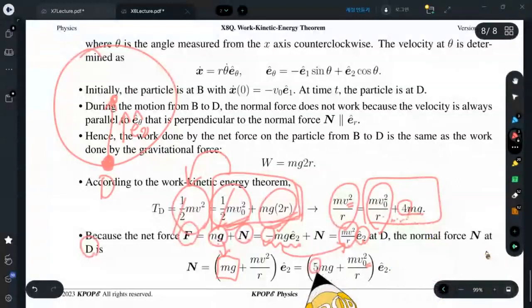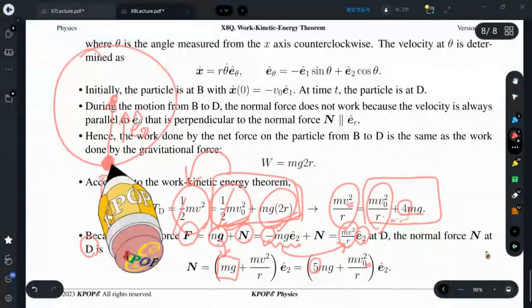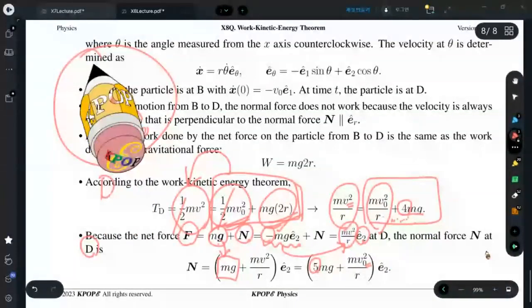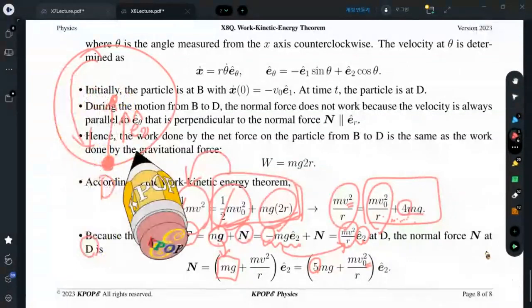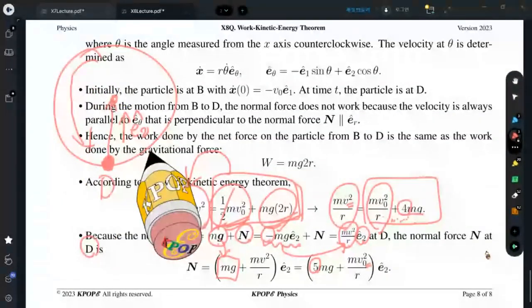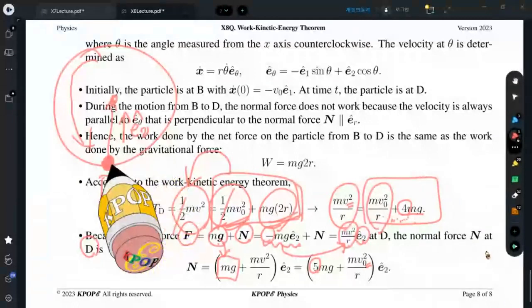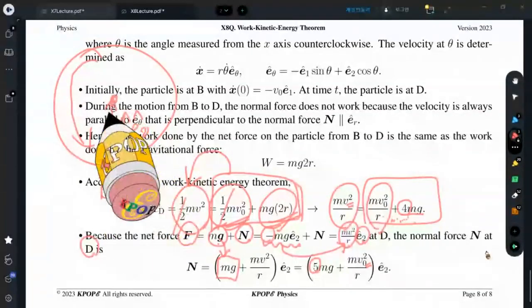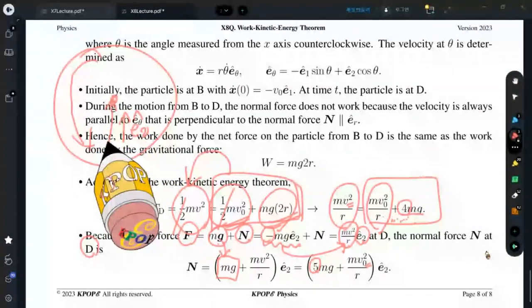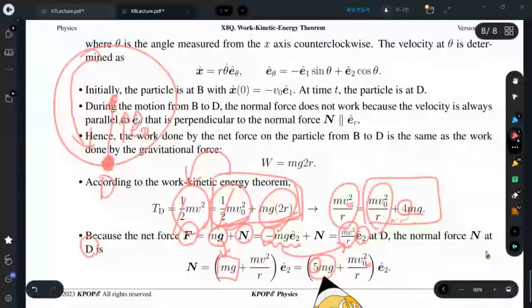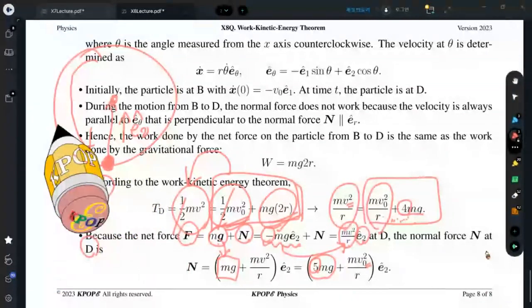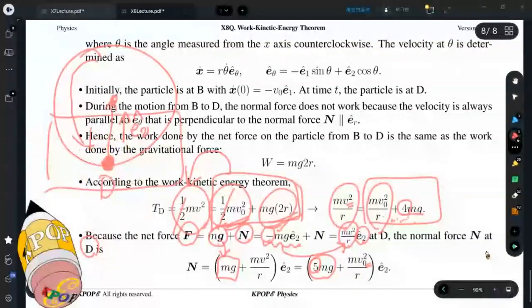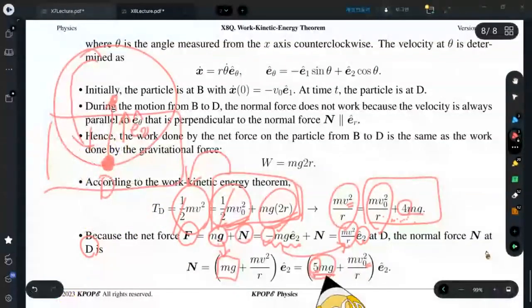So I have a 5mg on the bottom. Because it has been boosted up because of the large speed, we need a large amount of normal force in here. That's the reason why the structure should be very strong on the bottom. This factor 5, very important.